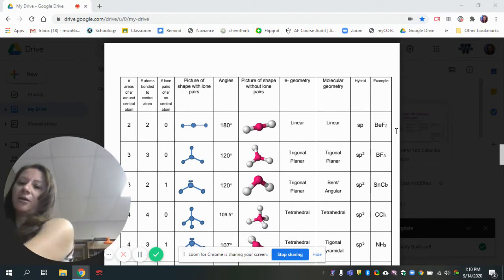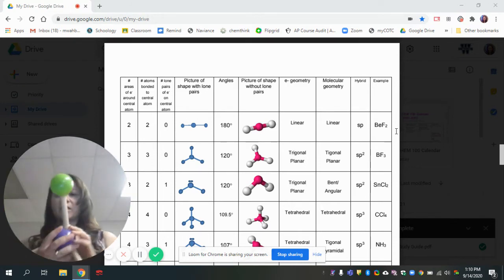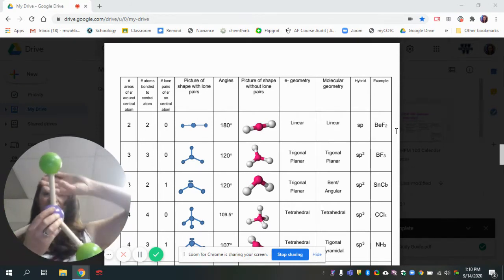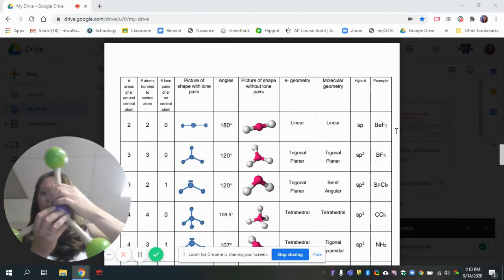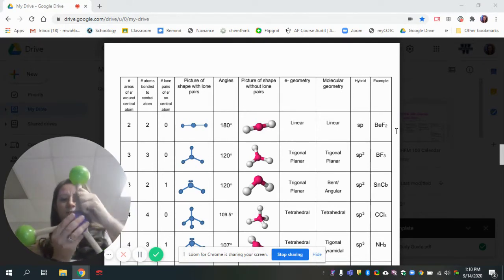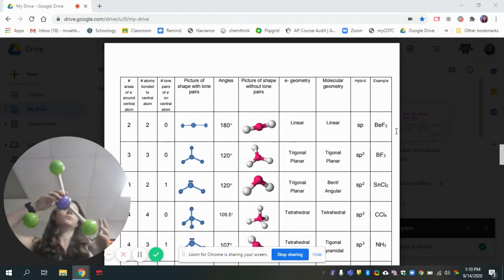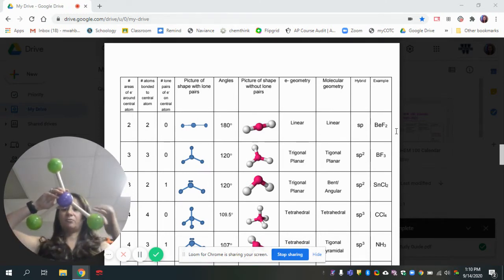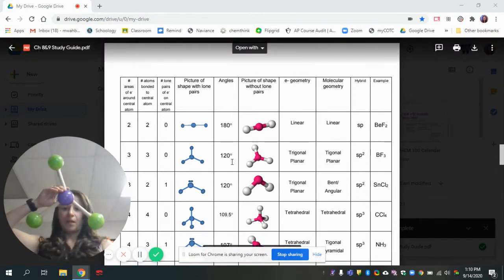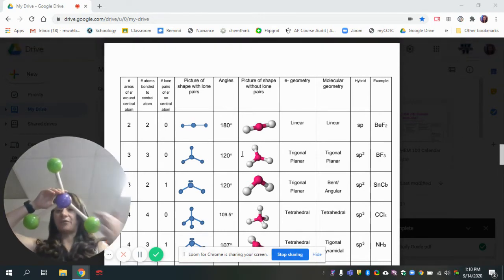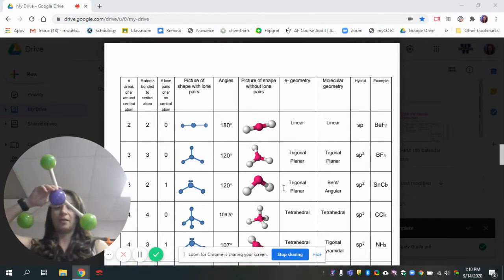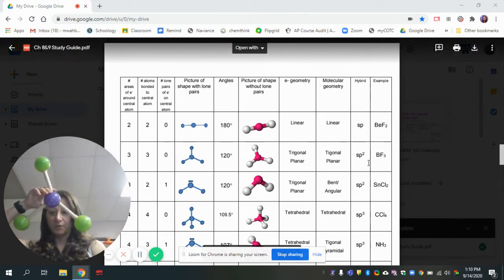So if I have three areas of electrons, the farthest they can be from each other, I put one up, one, all would be in the same plane here. Sorry, my molecule's kind of... So this would be, the bond angles would be 120 degrees apart. And since I have three areas of electrons, I determined that that's sp2 hybridization.